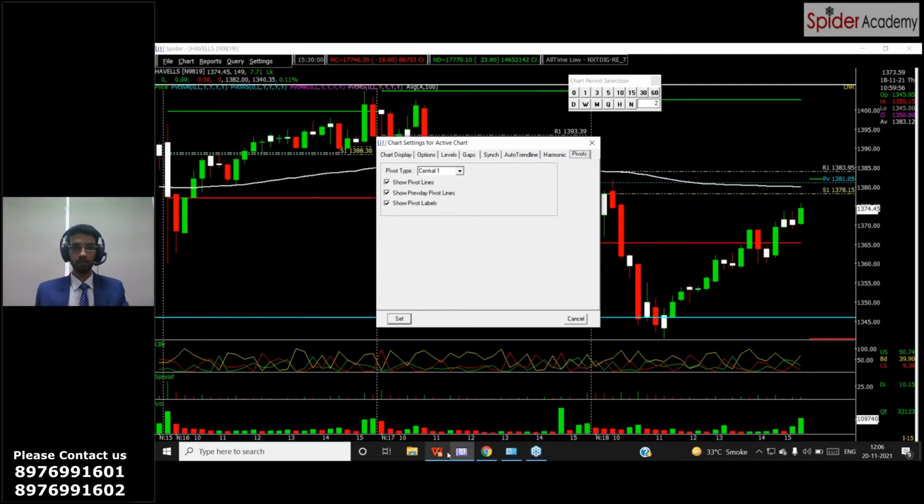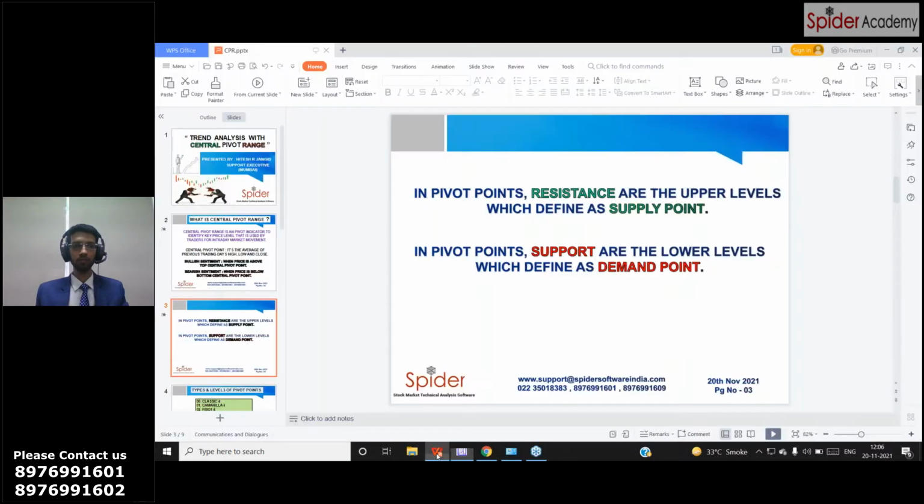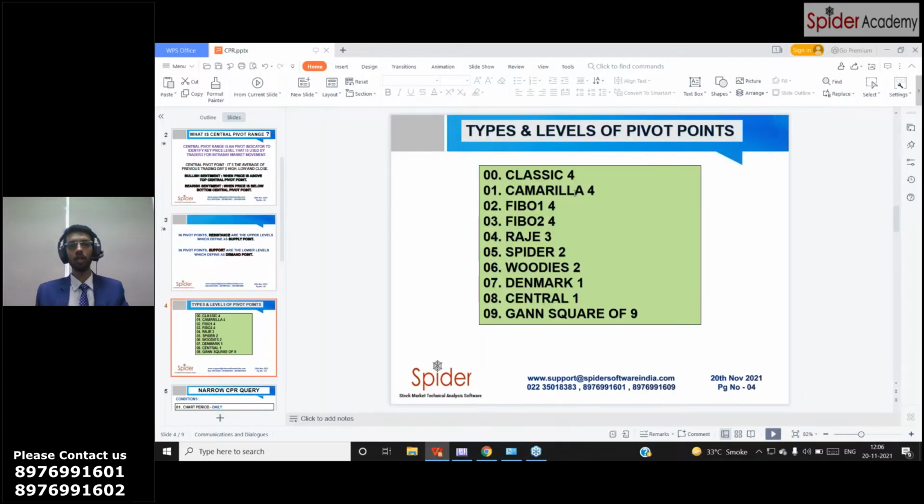You can see in this slide we have different pivot points. This is 00, which is Classic 4, 01 is Camarilla, 02 is Fibo 1. In this way we have multiple pivots, and at the end you can see there is a number which defines that this pivot point has that many upper and lower levels.